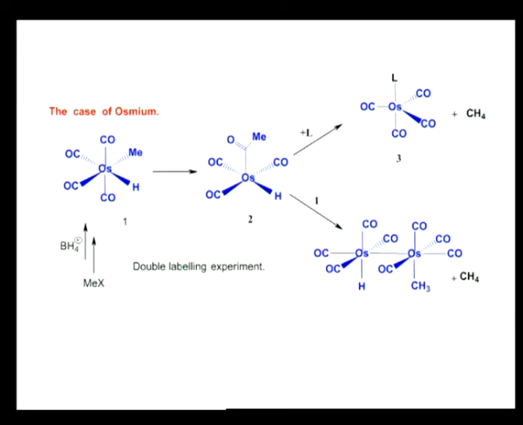What is shown here is a carbonyl insertion, and during the course of this insertion, one of the products is elimination of methane. It could have in principle come from a concerted elimination of methane from a single intermediate, but using double labeling, they were able to show otherwise.